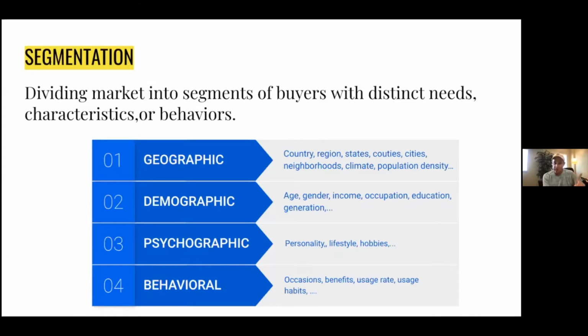But you could also break this up, believe it or not, by things like climate. Maybe you sell hot chocolate and you want to focus on cold climates. Okay. Population densities. Maybe you sell something that's more appealing to people in rural areas as opposed to city areas. So population density. Believe it or not, these are also geographic descriptions.